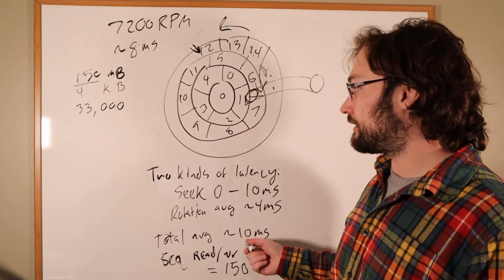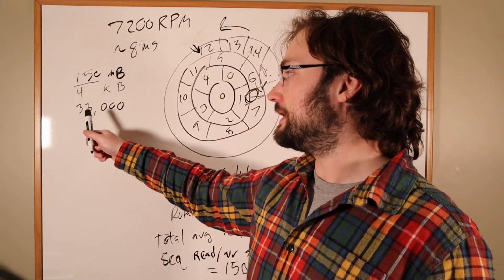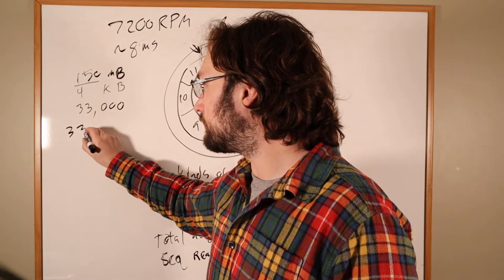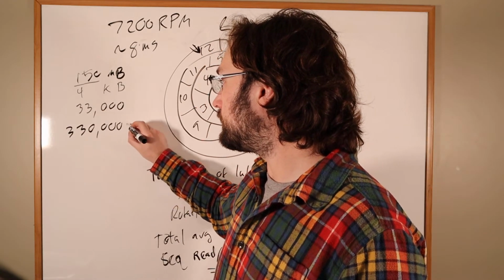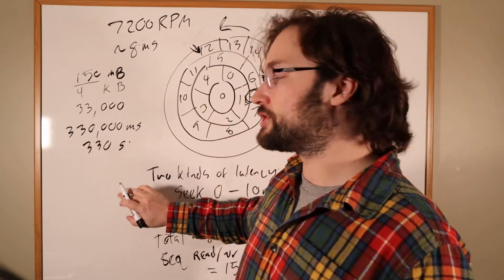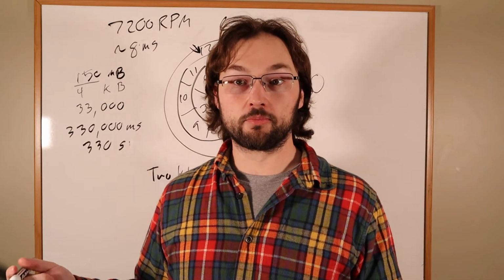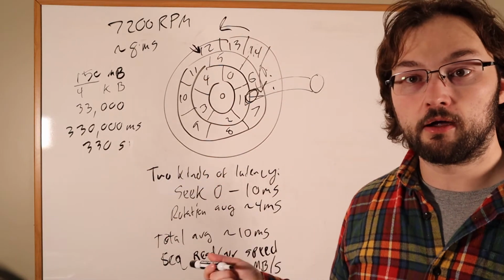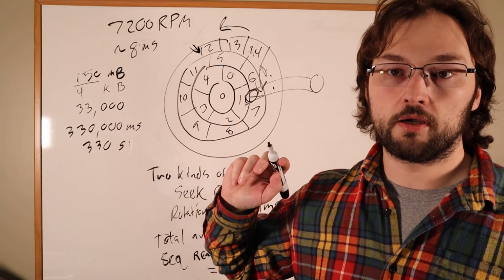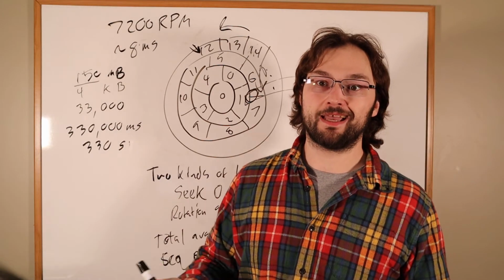Every seek is going to take on average 10 milliseconds, so we're looking at 33,000 times 10 milliseconds. So that's 330,000 milliseconds, which is 330 seconds, which is like 5 minutes. So for random reads or random writes, doing 150 megabytes of data takes 5 minutes. For sequential reads or writes, doing 150 megabytes of data takes 1 second.